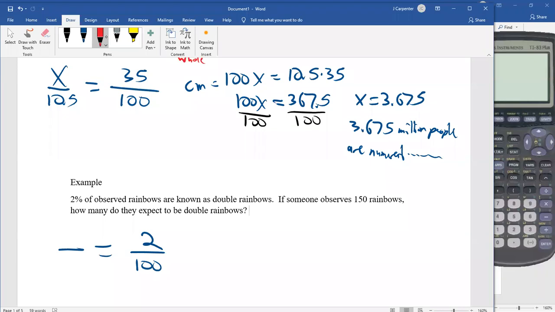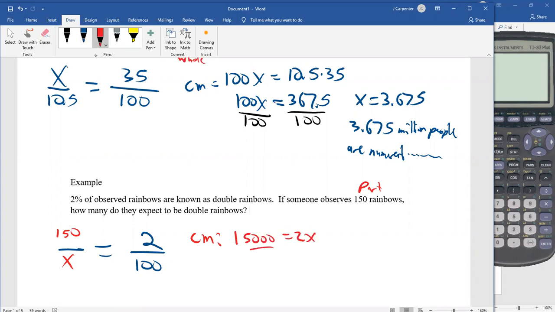I'm going to do this wrong first, intentionally. So I think the 150 is the part. So I got my red for wrong. So I think this is 150, which means this is my x. And when you cross multiply, you'll get 150 times 100. We'll just put 2 more zeros on the 150. And then the 2 times the x.